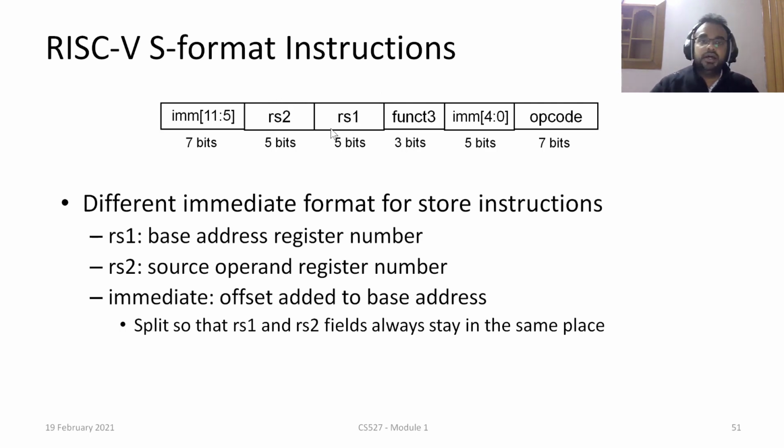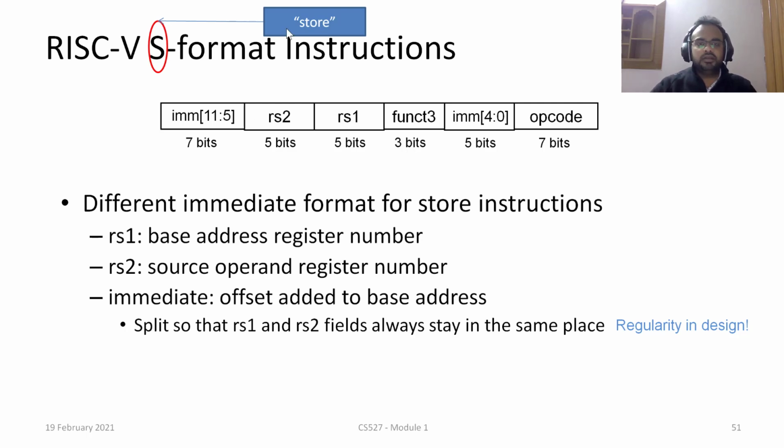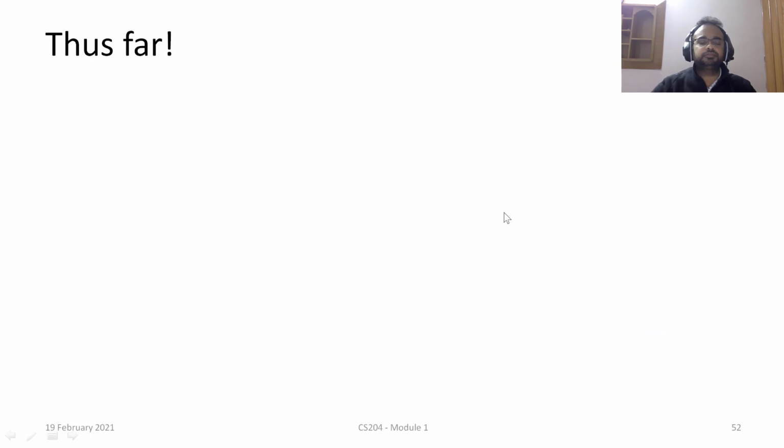In the typical arithmetic instructions, the R format, if you see, RS1 is always here and RS2 is always here, right? To follow the regularity aspect again comes into the picture. That's the reason the encoding is decided in such a way. So S format you can remember easily for store instructions.